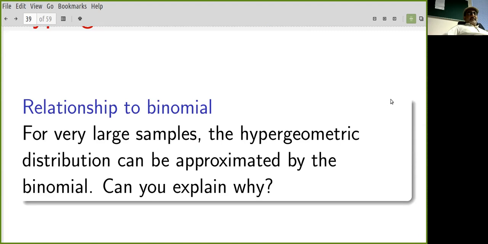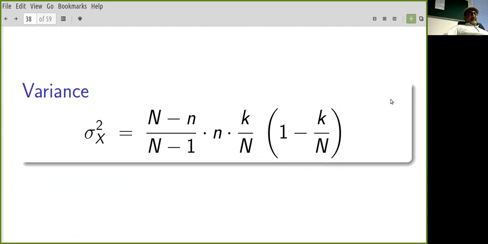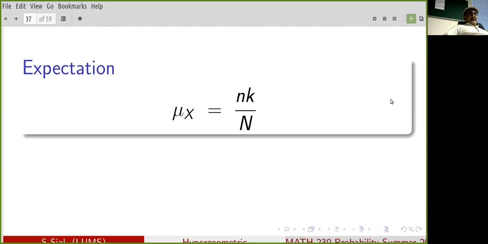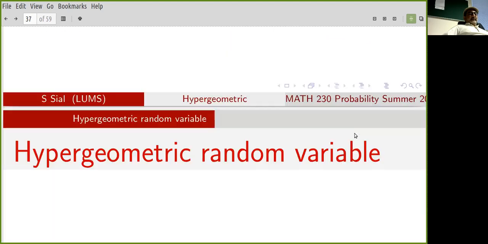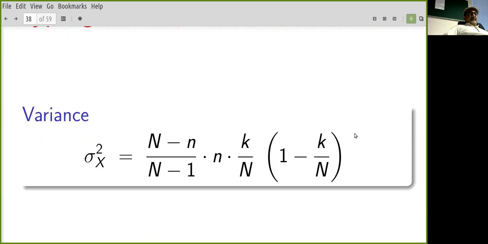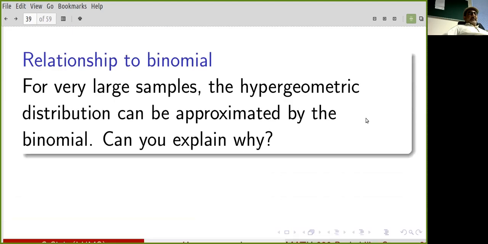Okay. I'll let you think about why that is. You want to think about how these terms are changing, or how different they get when you've got a very large capital N.